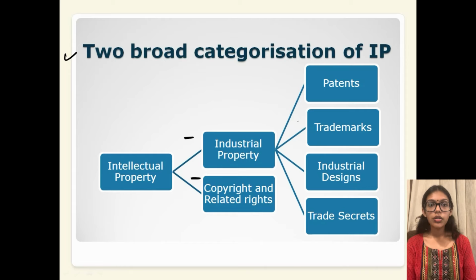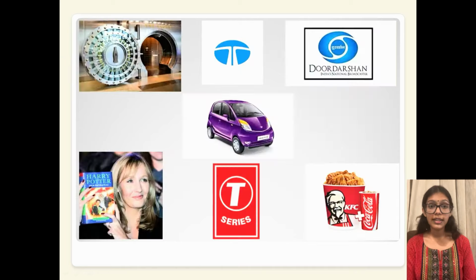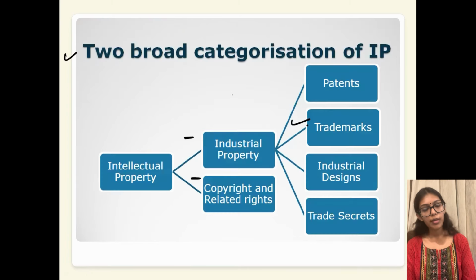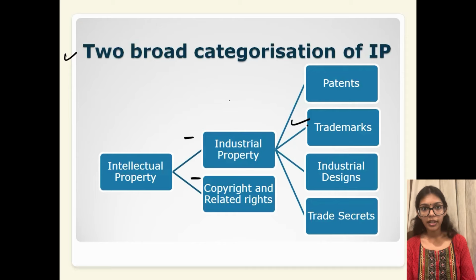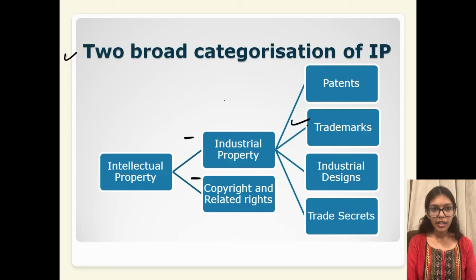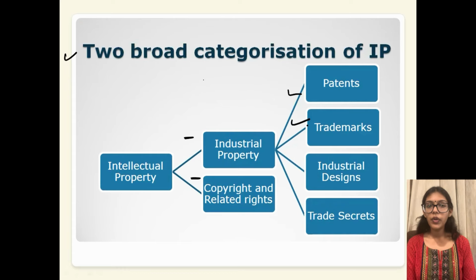Okay, so for example, trademarks. They safeguard distinctive signs like we talked about, the Nike swoosh logo or the Tata's name and emblem. They are registered trademarks and they sort of distinguish their products from the counterfeits, and they also maintain their brand integrity.